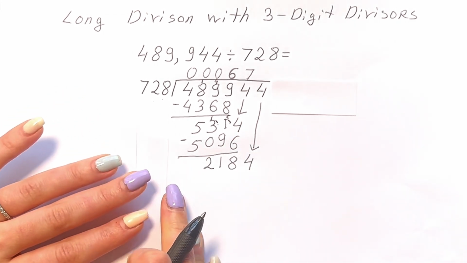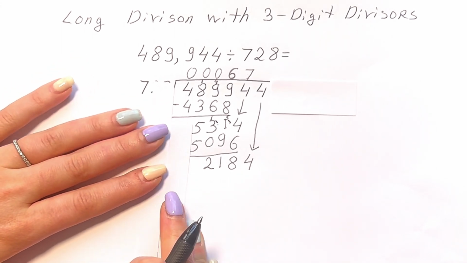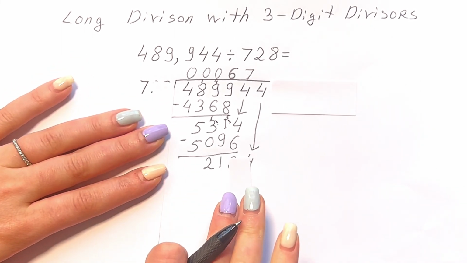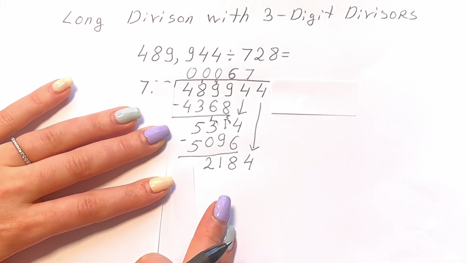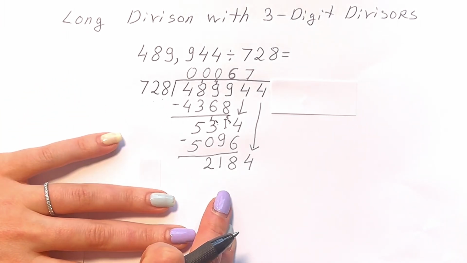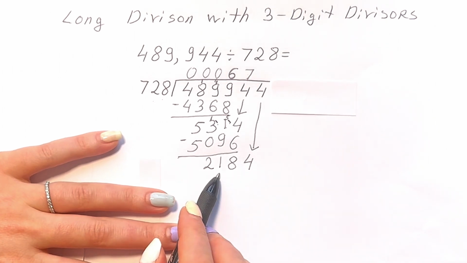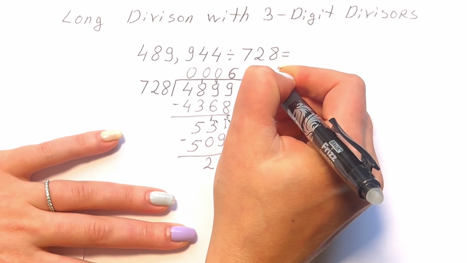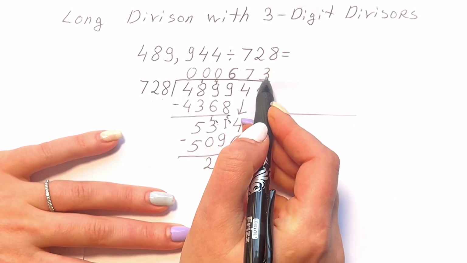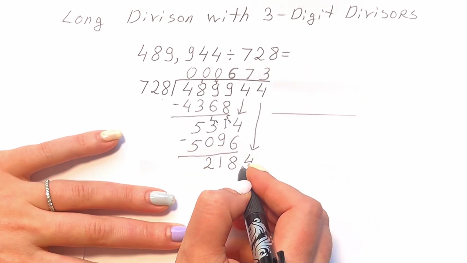Again, the same way, right away, I'm going to cover the last two digits of the divisor and dividend. So 7 goes to 21 3 times. It means 728 goes to 2,184 3 times. Let's check it. 3 times 8 is 24.